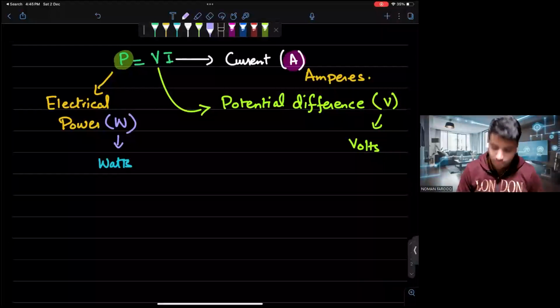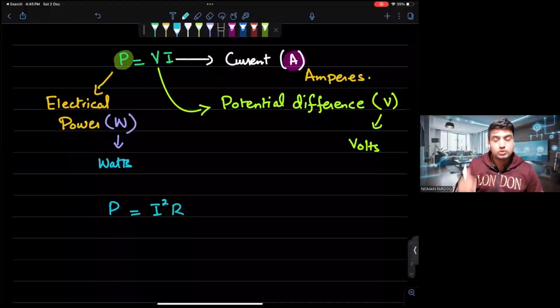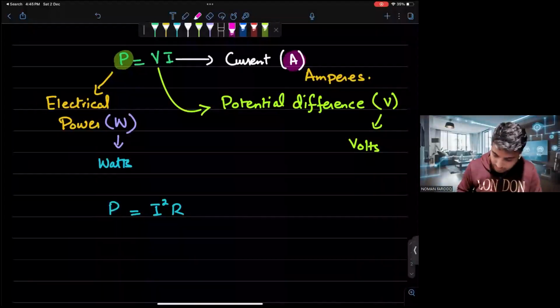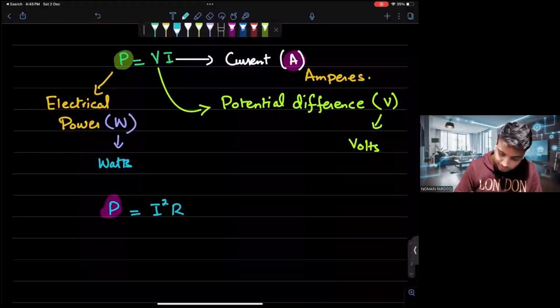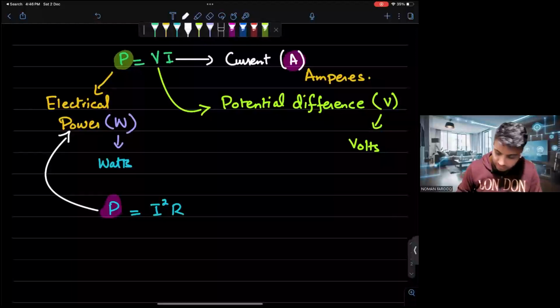We have another formula for electrical power, which is P is equal to I square times R. So here P again represents electrical power, which is definitely measured in watts.